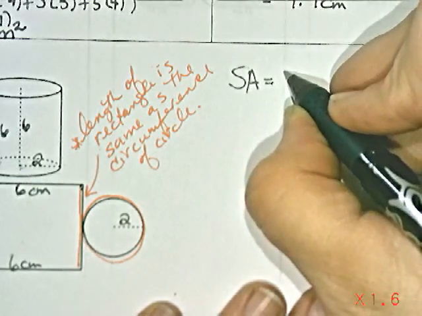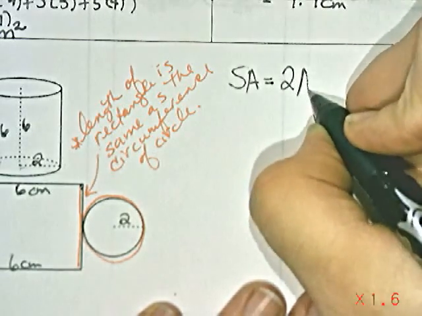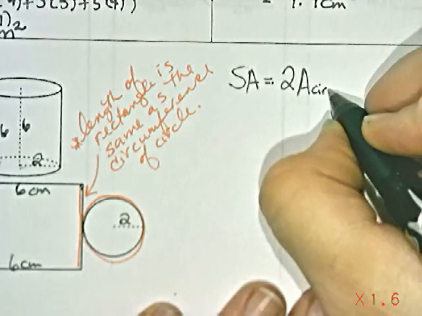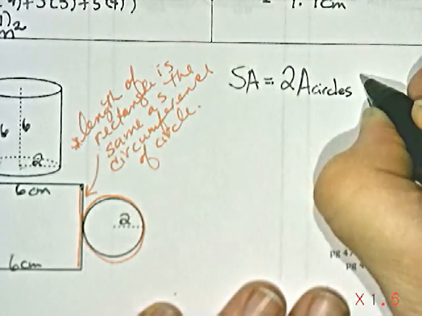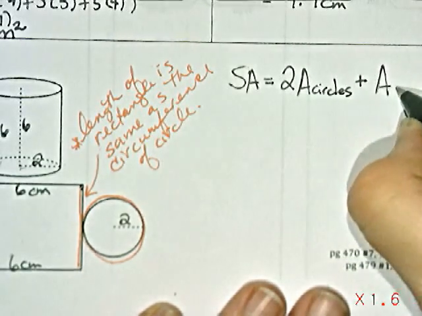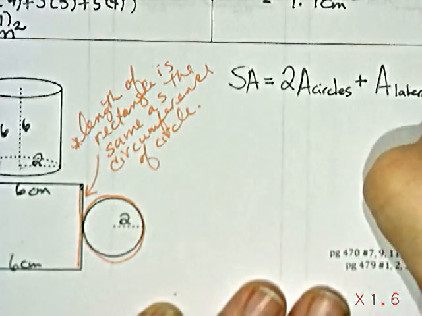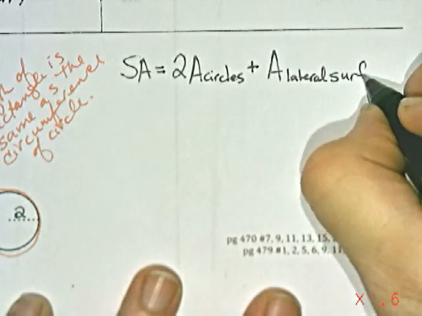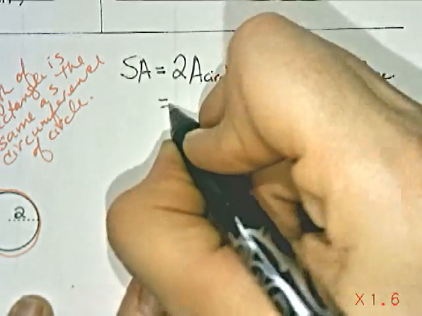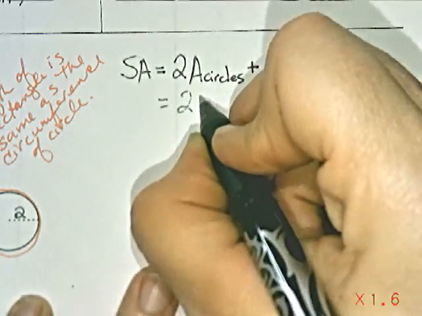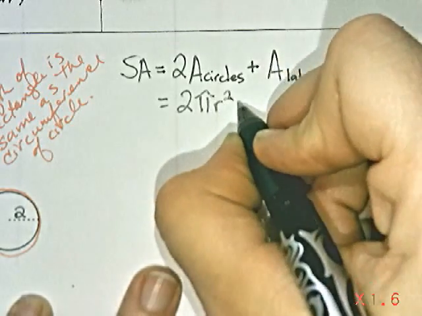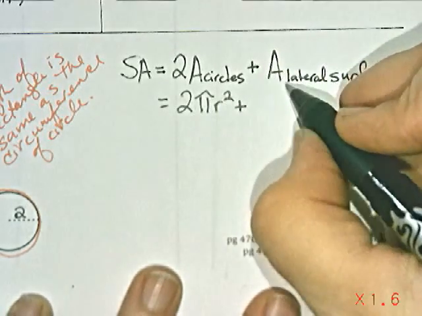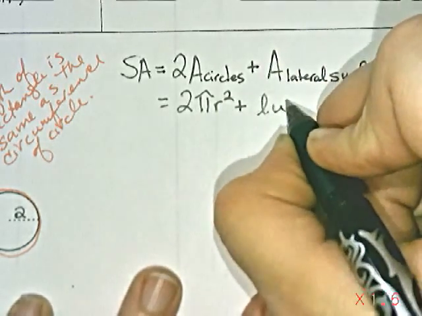So if we make a general formula, the surface area of any cylinder can be made with 2 of the areas of the circles, or the area of the base, and then add to it the area of what they call the lateral surface, which is a rectangle. And so we've got 2, and our area of the circle is pi r squared. And then the area of the lateral surface is length times width.